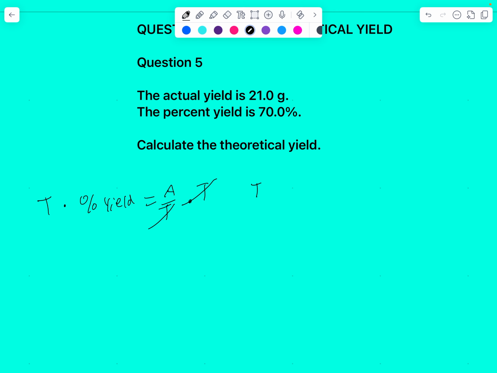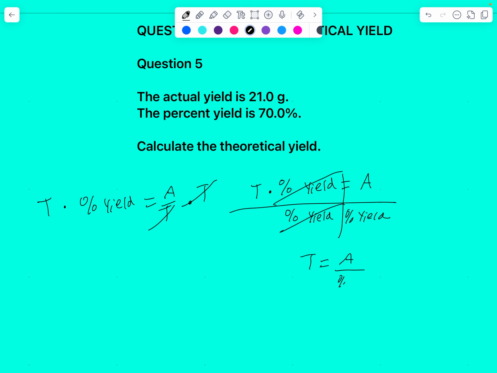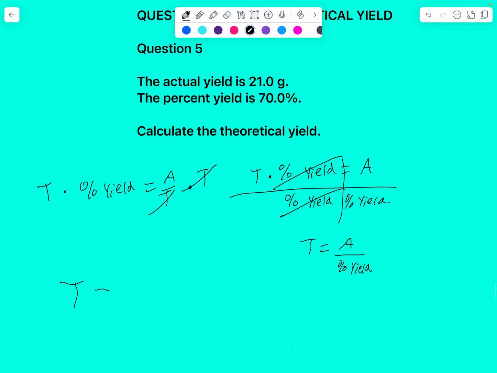And then I have T times the percent yield equals actual yield. I'm going to divide both sides by the percent yield. So I get T by itself. And by doing that, these cancel out on one side, and I have T equals A over percent yield.